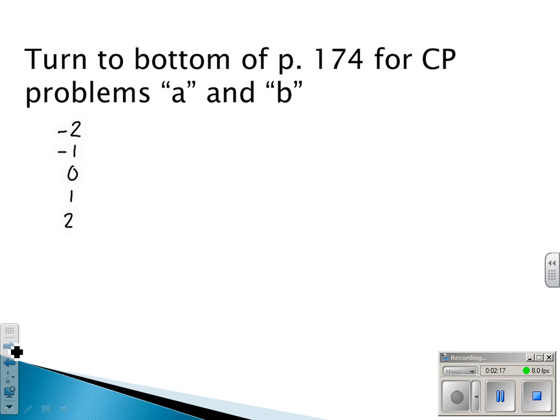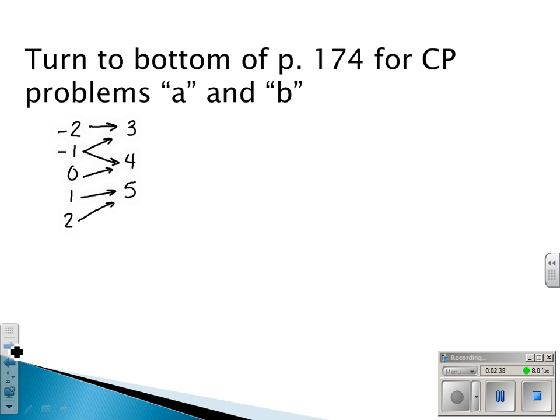And the range is as such, 3, 4, and 5. Now, -2 goes to 3, -1 goes to 1 and 4, 0 goes to 4, 1 goes to 5, and 2 goes to 5.